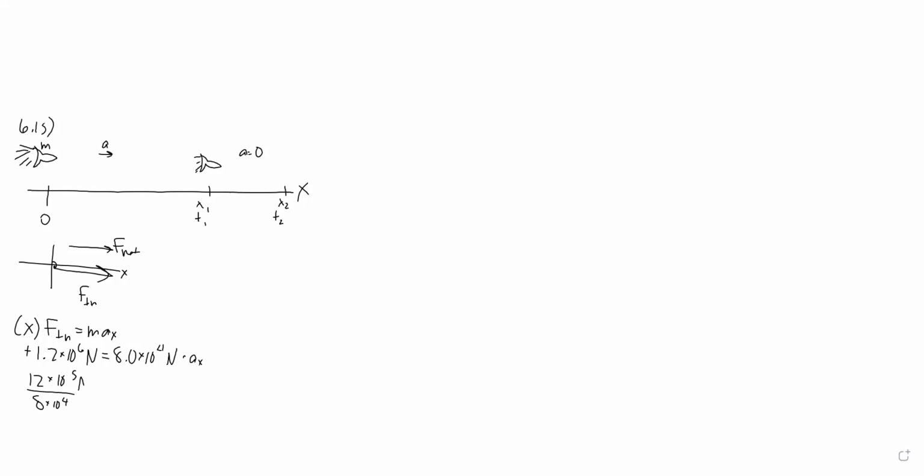The units are newtons per kilogram. I guess that's a way to think about acceleration, as a newton per kilogram. But 12 divided by 8, like I said, is 1.5. And so it's 1.5 times 10, because the 10 to the 5 and 10 to the 4 cancel. And so we get an acceleration in the x direction of plus 15 meters per second squared. SI units, good.